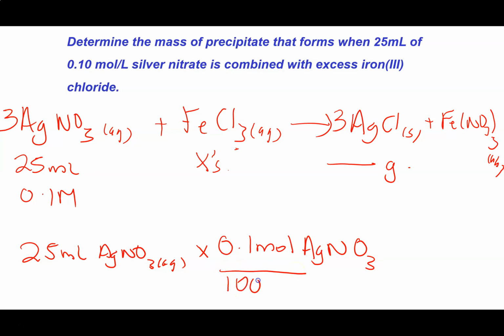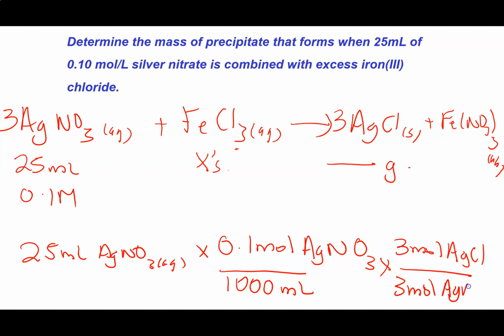But another way of writing 1 liter would be for every 1,000 milliliters. And then I know from my balanced equation that I get 3 mole of silver chloride for every 3 mole of silver nitrate. So it's a 1-to-1 ratio, or 3-to-3, so we're good there.